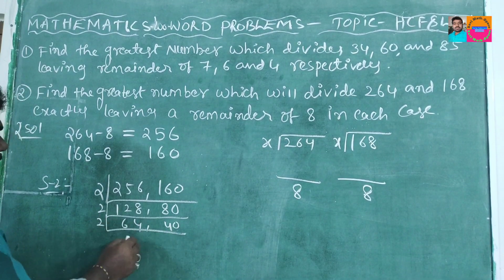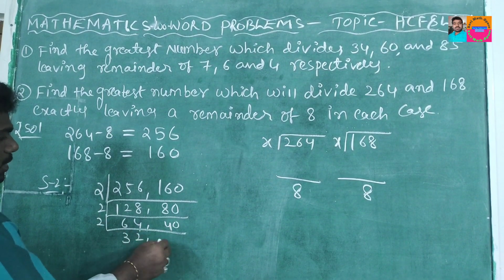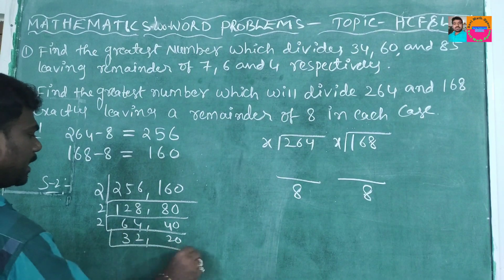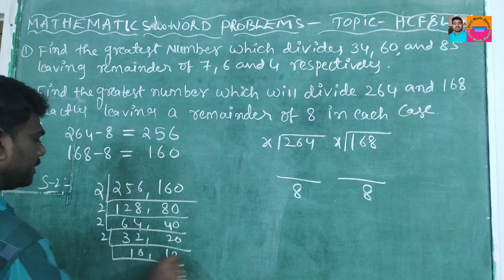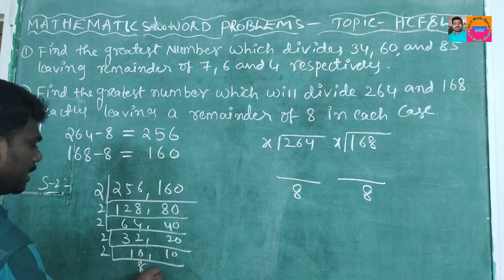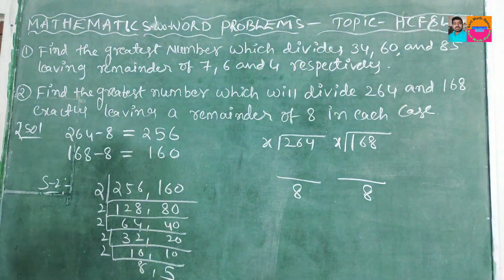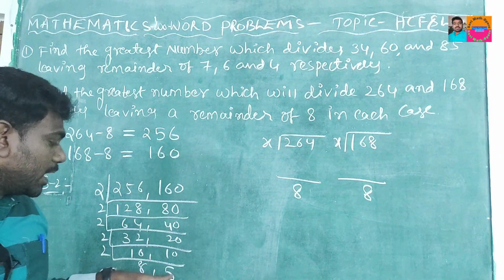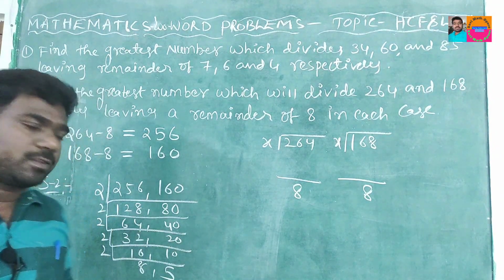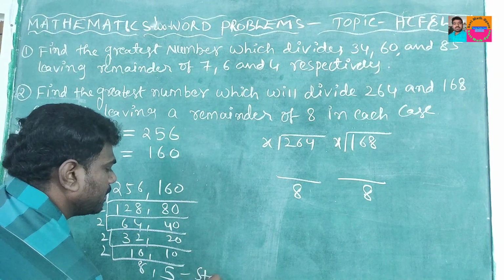Again 2 sixteens, 2 tens. Again 2 eights and 2 fives. 8 and 5 do not have any common factors. We have to stop the process.